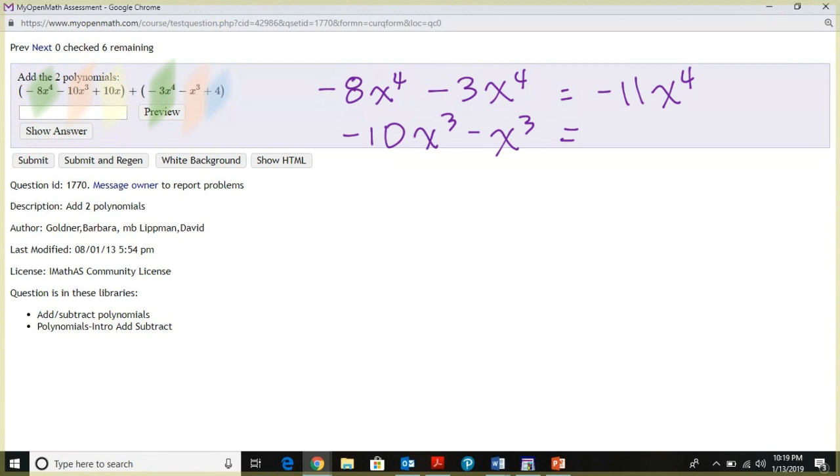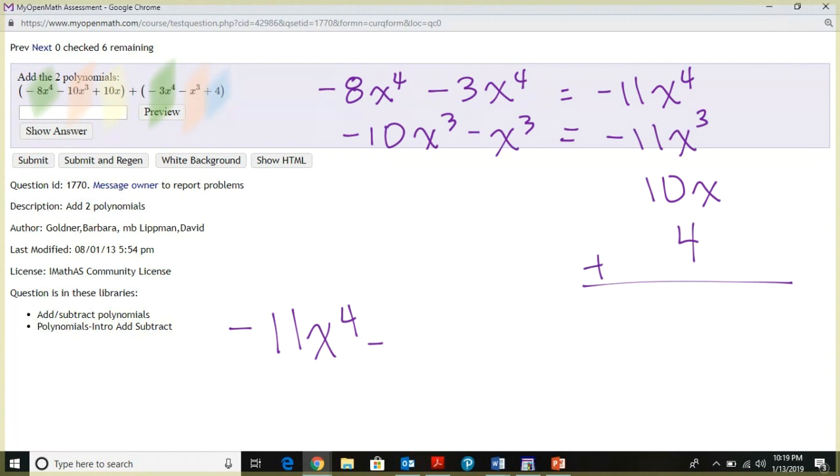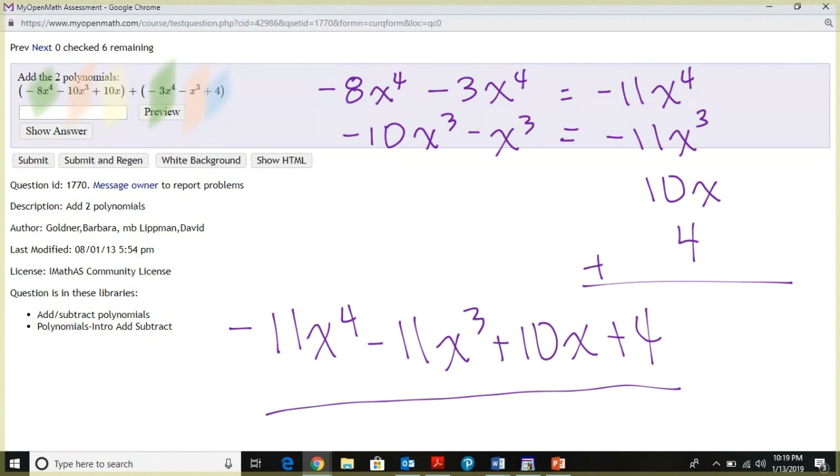So this is negative 10 minus 1, which gives me, well, negative 11. And then we're going to have the 10x all by himself, and we've got the 4. So we're just going to add all those up. So negative 11x to the 4th minus 11x cubed plus 10x plus 4, and that'll be our final answer.